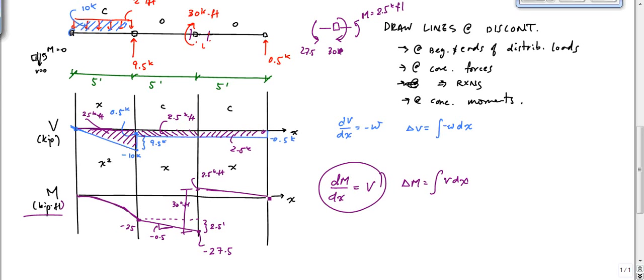And hopefully I can draw that. Bam, like that. That should be a line to 0. That's 0 right there. And here's that 2.5 kip feet. And so my moment diagram looks like this. I'm shading it in so that you can see it better. There's that moment diagram here and here.